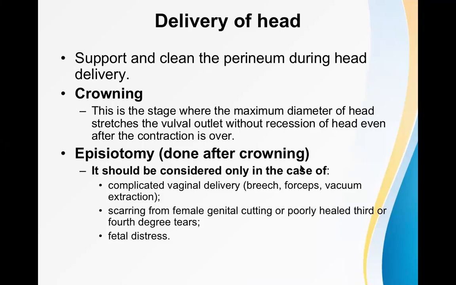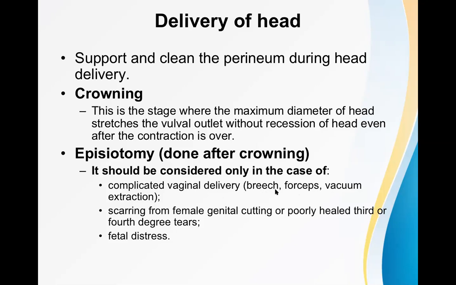It is not done in every delivery. Probably 5 or 10 years ago, episiotomy was a regular part of the delivery. But these days, it should be considered only in chosen cases, like a complicated type of vaginal delivery, where we need to apply forceps or vacuum, or a breech delivery.